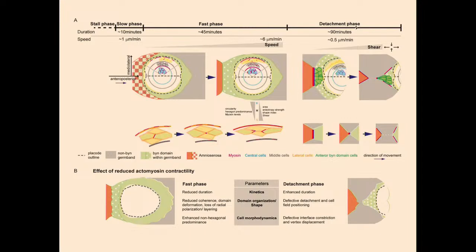And essentially, here also there's a cable of actin that constricts to move those cell fields. I showed you that in the beginning. But in both processes, we have T1 transition-like events operating between cell quartets, here as I showed you, or between multicellular cell fields as I showed you here, and contractility disrupts both of these processes, and through it alters the way in which cell fields become positioned.